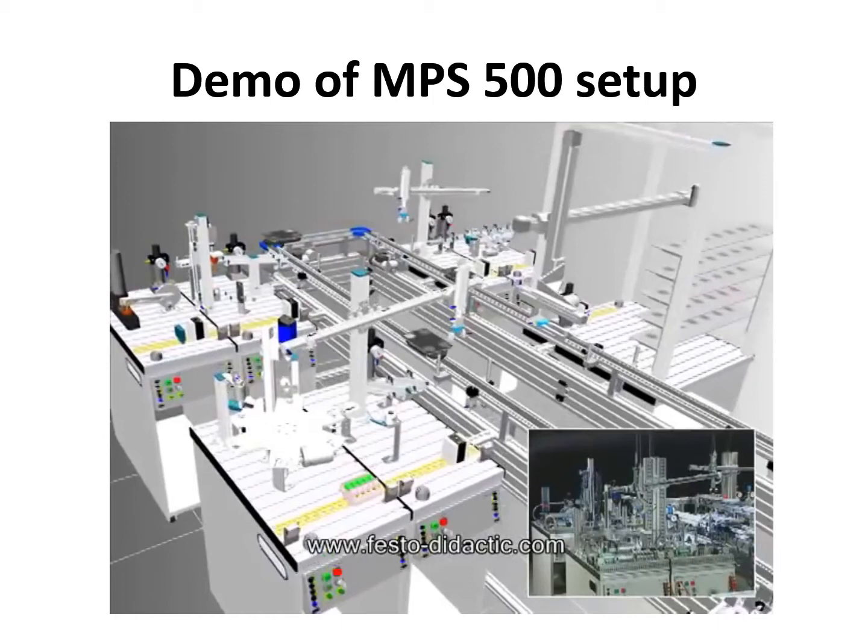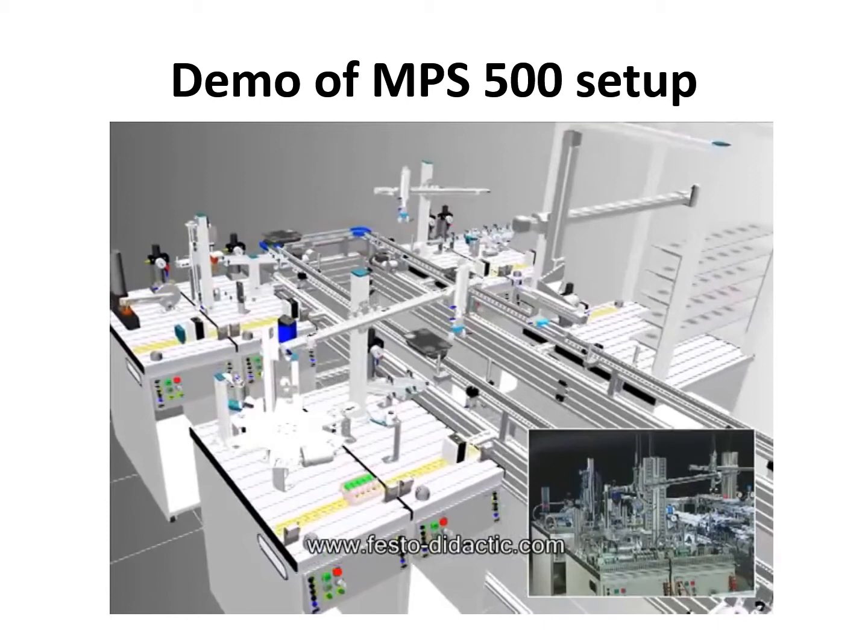Why a distribution station? Because we have a magazine here with parts on it, and a swivel that fits the part into the elevator. This is the elevator, and the part will finally be tested by some sensors and passed to the pallet.